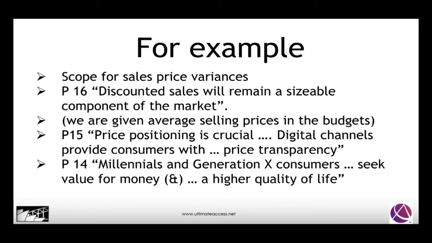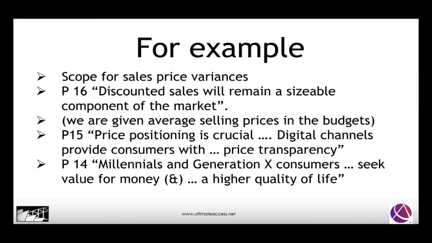A lot more information is given as far as sales is concerned. On page 16 we've got this quote: discounted sales will remain a sizable component of the market, giving a very clear indication that there could well be a sales price variance question in which the discounted sales will be part of it. Price positioning is crucial.